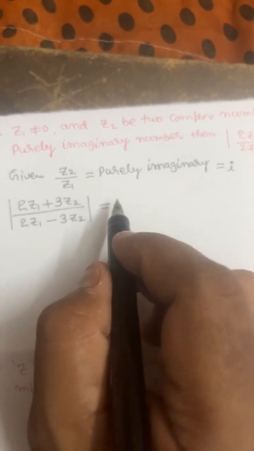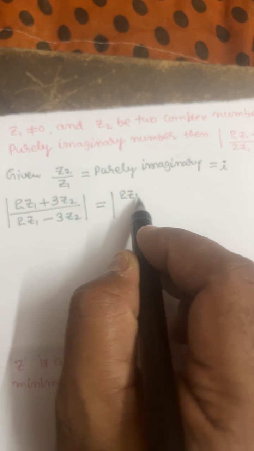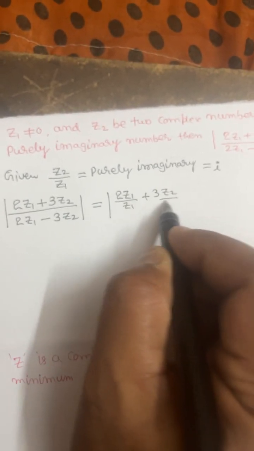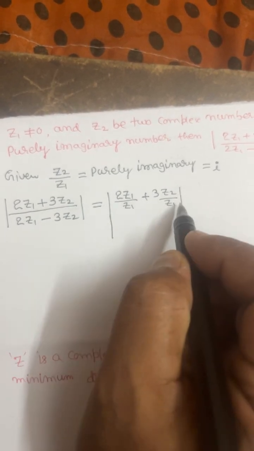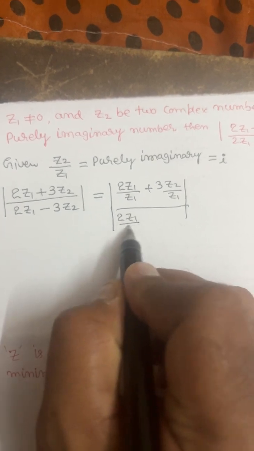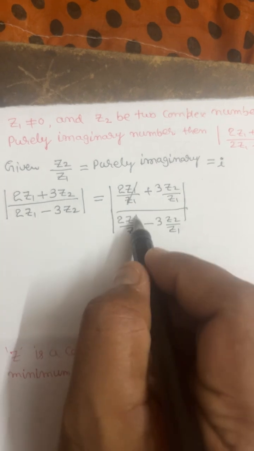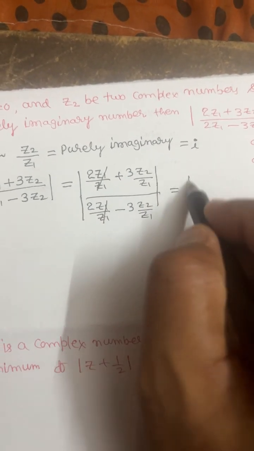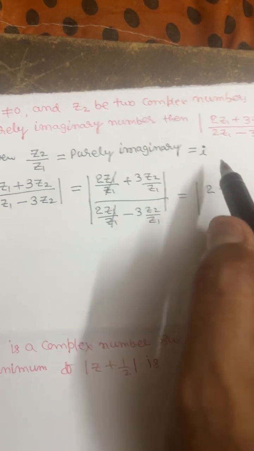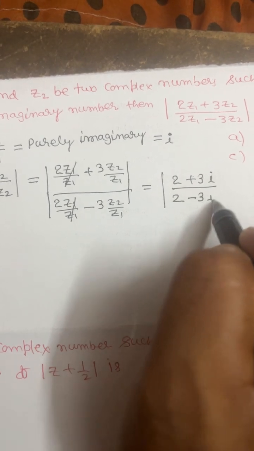Dividing on both sides by z1, we get 2z1 by z1 plus 3z2 by z1, whole divided by 2z1 by z1 minus 3z2 by z1. So it comes as mod 2 plus 3 times z2 by z1, which is purely imaginary, so you can write it as i, by 2 minus 3i.